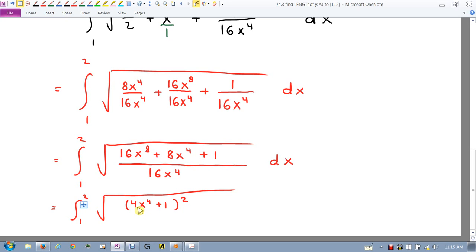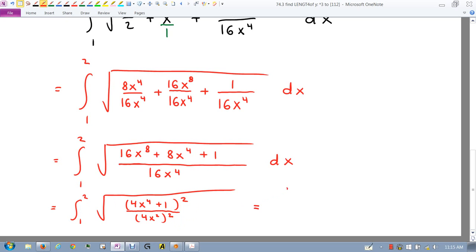Right? What's 4x to the fourth times itself? 16x to the eighth. Then you would do the foiling and you would get back this. You have to recognize that. But I'm telling you, expect it. And then on the bottom, hey, can you write the bottom as something squared? How about 4x squared, squared. You could, right? And since these are both under the root, can't you just take the squareds away from both of them?